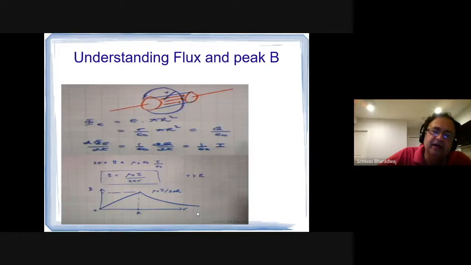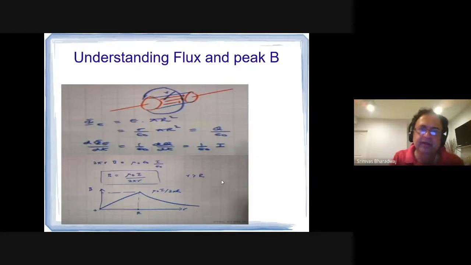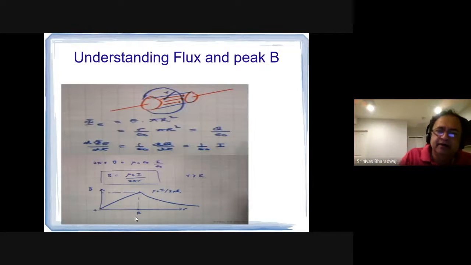Inside you have a linear law from 0 to r, because why is this? How does it vary with respect to r? Up to the point r, this big R is the thickness of the wire, right? From 0 to r, it is 0 right at the middle.